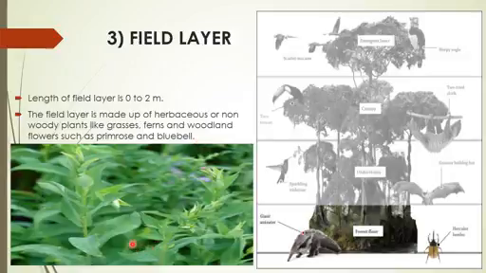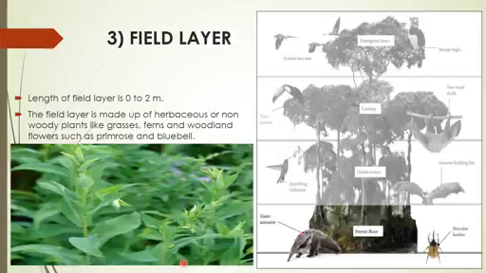As the name tells, the field layer is on the field and its height is maximum 2 meters. An example of what comes in the field layer is grass. Sometimes the grass is large, sometimes it is very small. So a grassy layer is also the third part of the woodland structure.